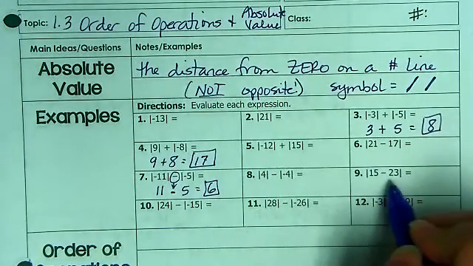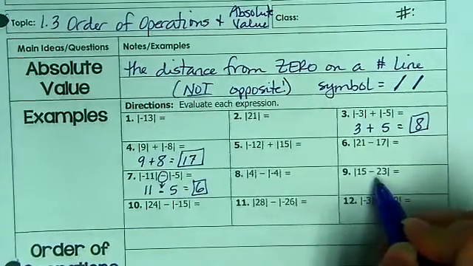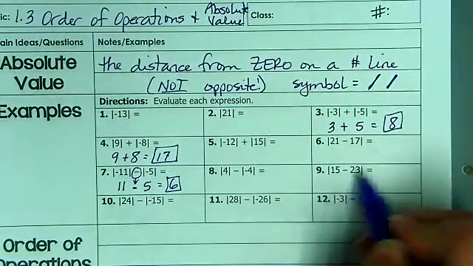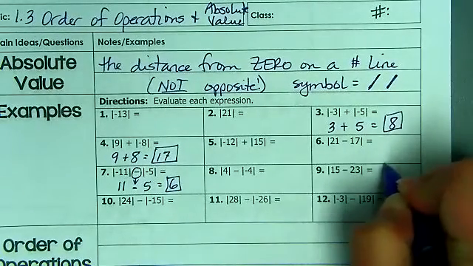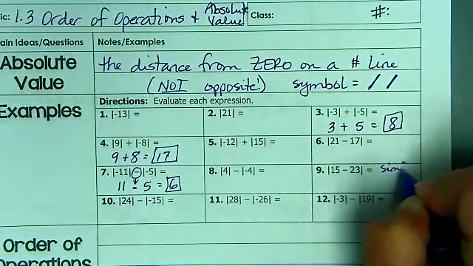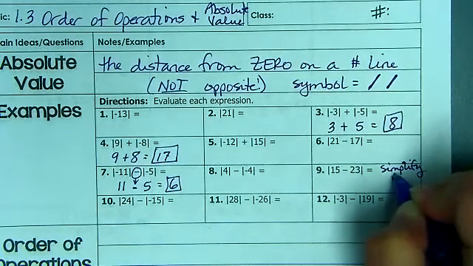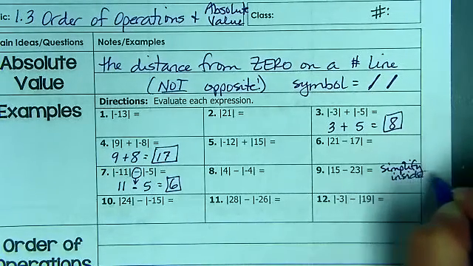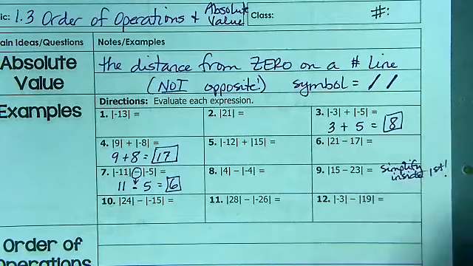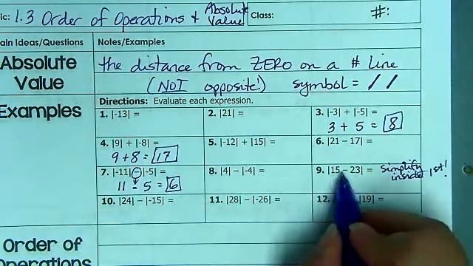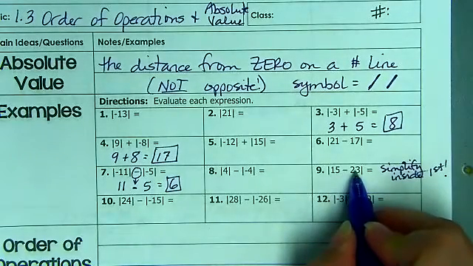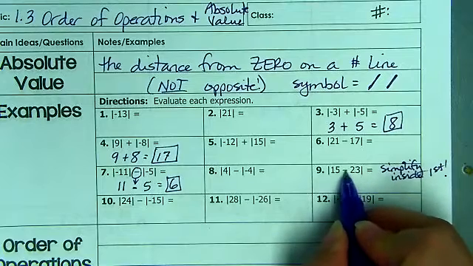Now, for this one, we simplify what's inside of the parentheses first. So I'm going to put a little note here: simplify inside first. So I'm going to do 15 minus 23. I've got to follow my integer rules. The 23 is negative, so different signs.